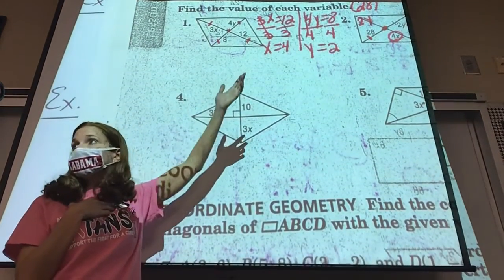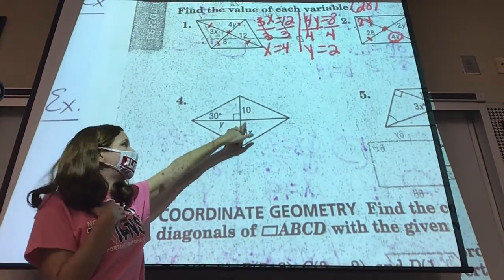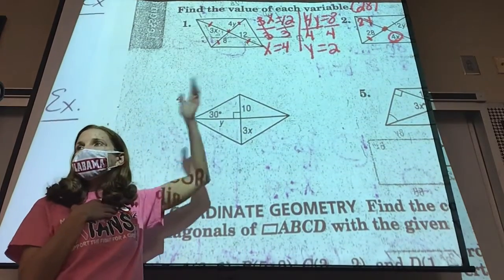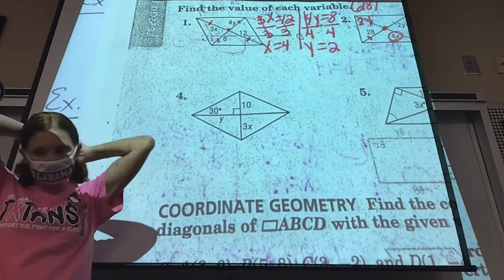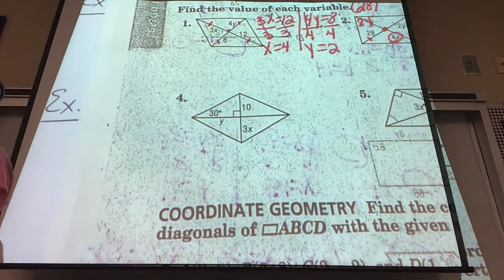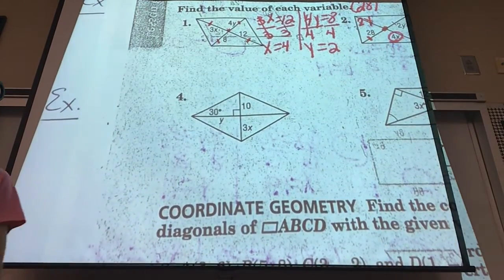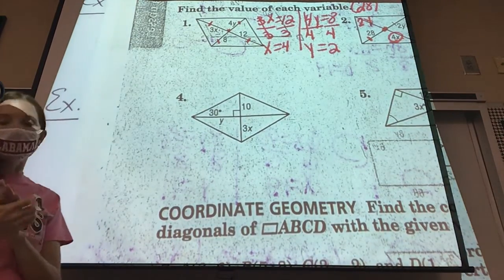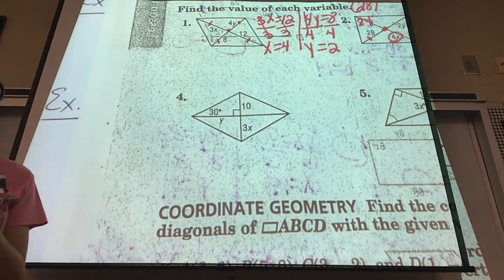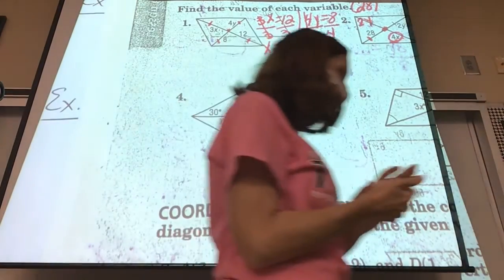So go ahead and do this one. 3x equals 10, that's a given. So 3x equals 10, solve for x. Yes, it's not going to be a whole number. So do not leave it as a repeating decimal, just cut it off and round it to one number after the decimal. That piece should be fine.